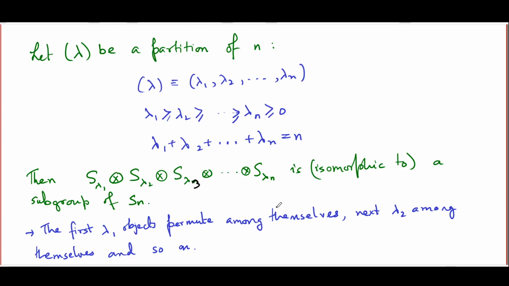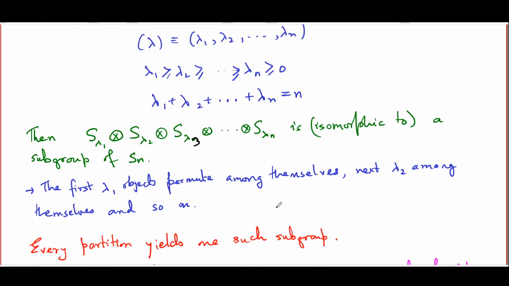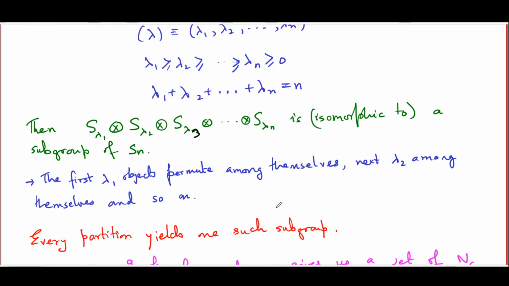But if we only confine ourselves to situations where the first lambda 1 of these objects permute among themselves, the next lambda 2 among themselves, the next lambda 3 again among themselves, and so on, then we get this particular subgroup of Sn, which is the direct product of S lambda 1, S lambda 2, S lambda 3 all the way up to S lambda n. This is a subgroup, of course, of our original group G, which is Sn here, and it's obvious that every partition of the integer n will yield one such subgroup.